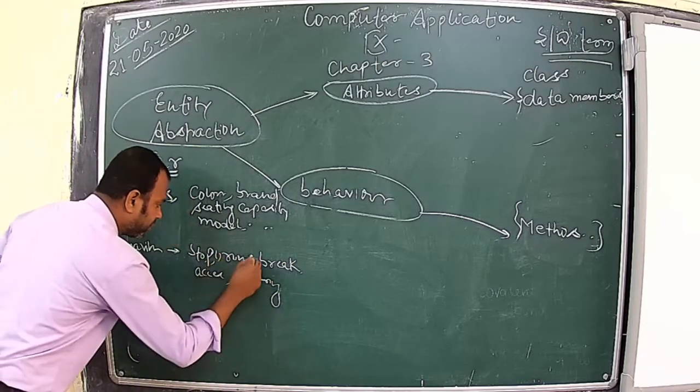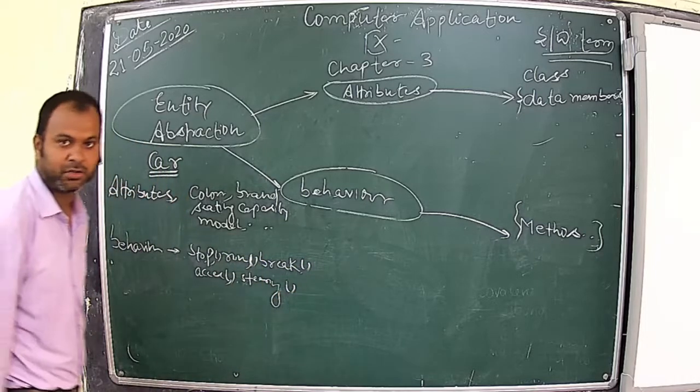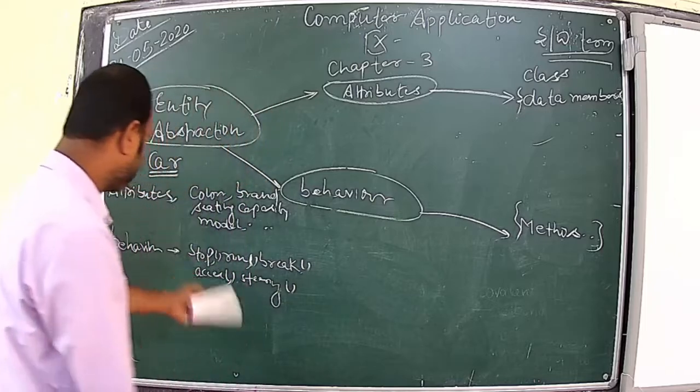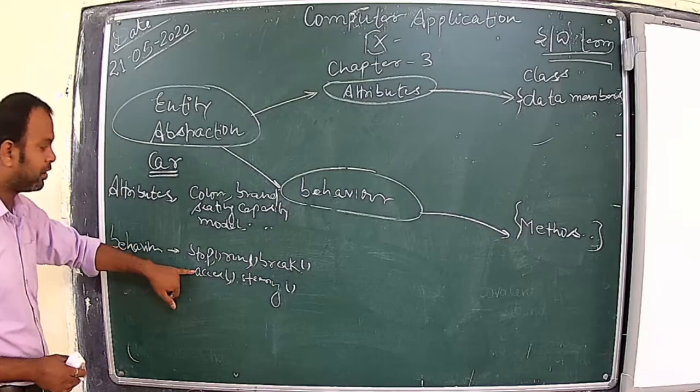So these are the functions. May have many, depends upon the object. We go for the pure thing here. So this is attributes, and these are the functions.